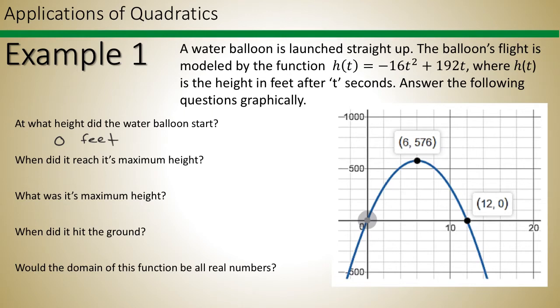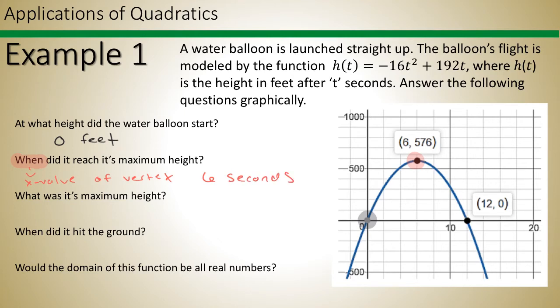Okay, our starting point is always the y-axis in these problems. The next one, when did it reach the maximum? Our maximum is always going to be the vertex. So if I'm looking for when it reached the maximum, that's going to be our x value. So our answer here is going to be 6, and we're talking about 6 seconds in this problem.